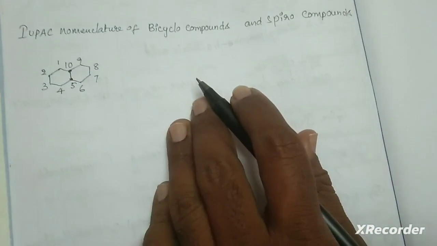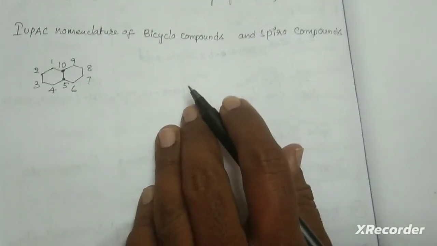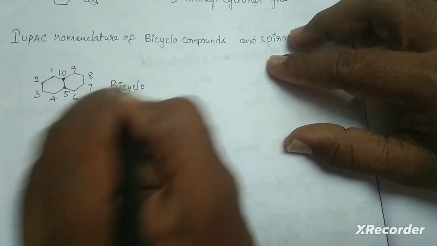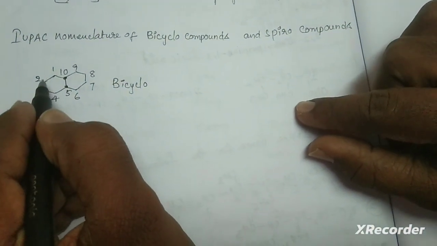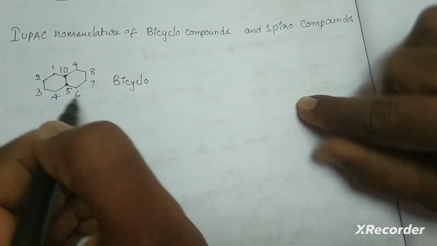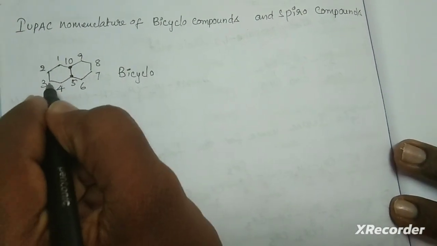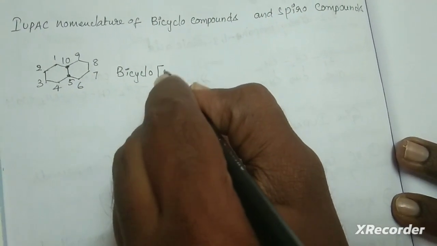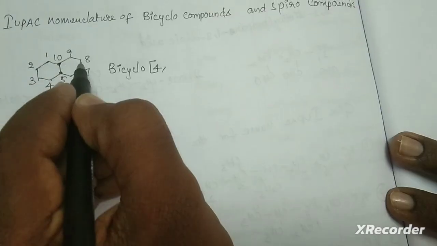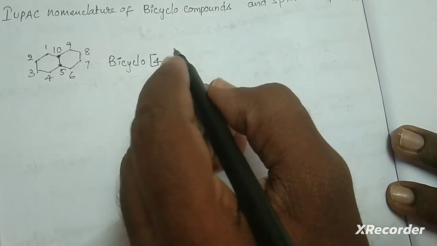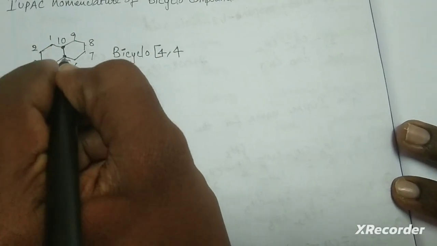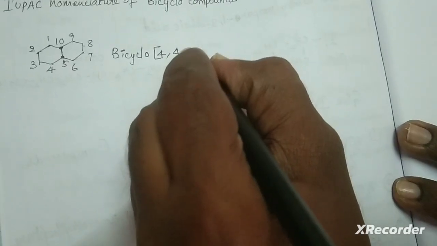When you are writing the name, you have to prefix bicyclo, then see how many carbon atoms are there in each ring, followed by the bridge. In the first ring, 1 2 3 4, there are 4 carbon atoms, so in the bracket write 4 comma, and in the other ring there are also 4 carbon atoms, so 4, and in the middle there is no carbon atom, so you write it as 0.